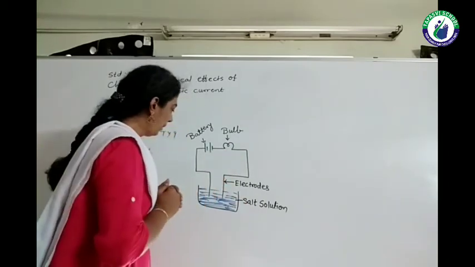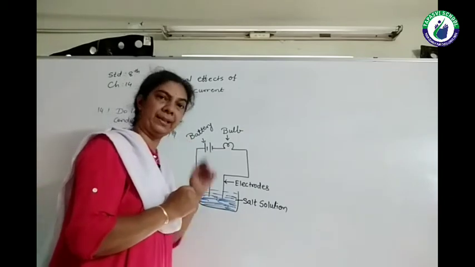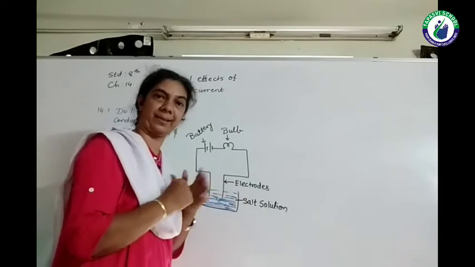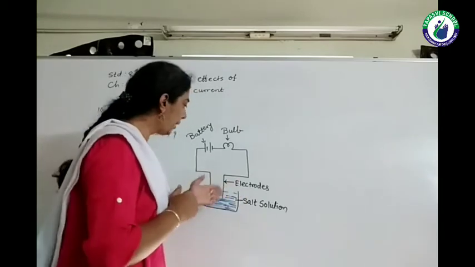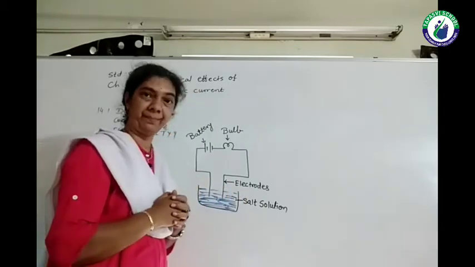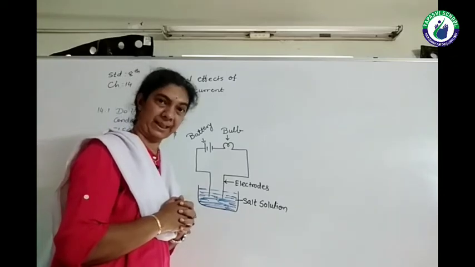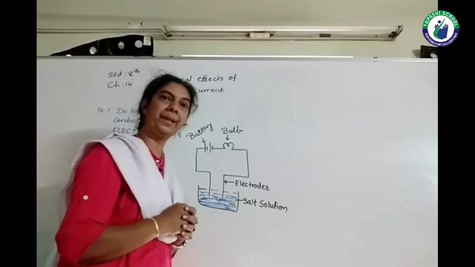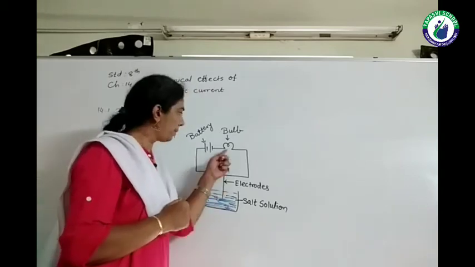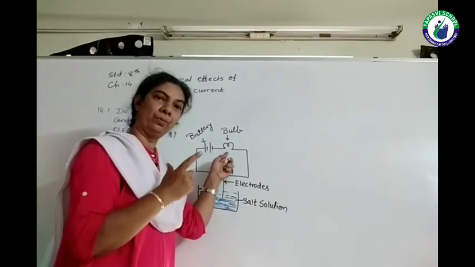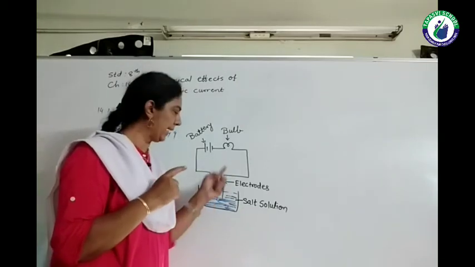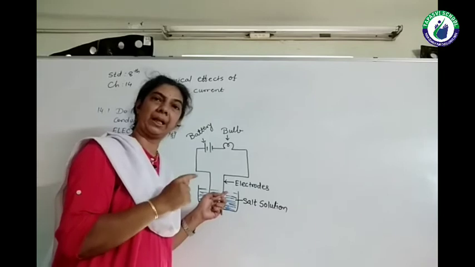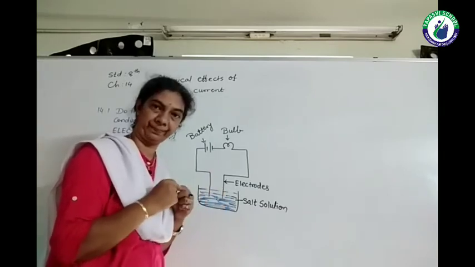Now, as we talked about solids, here we have solutions, which are liquids. Do they conduct electricity? Yes. You will see that as soon as the path is completed, this bulb LED will glow, and that is the proof that this solution, which is in liquid state, is conducting electricity.